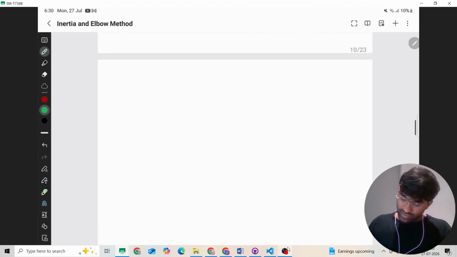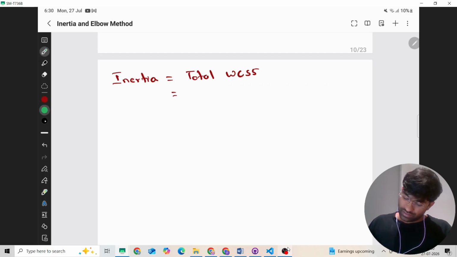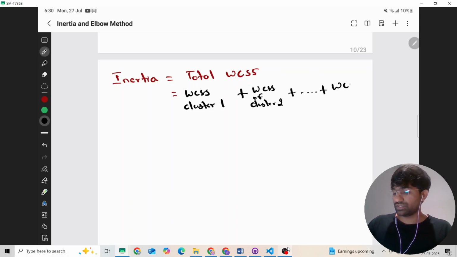Then what is the inertia? Inertia is equal to the total WCSS, that is, WCSS of cluster 1 plus WCSS of cluster 2 plus so on, plus WCSS of cluster n.